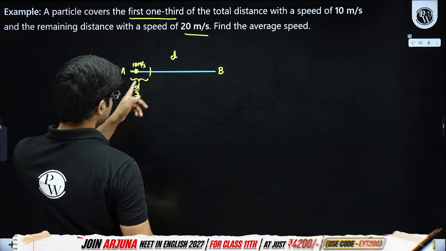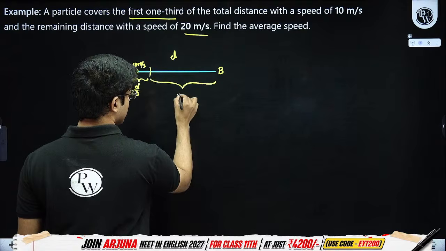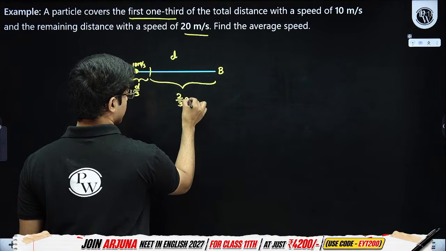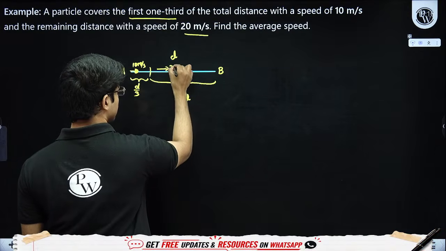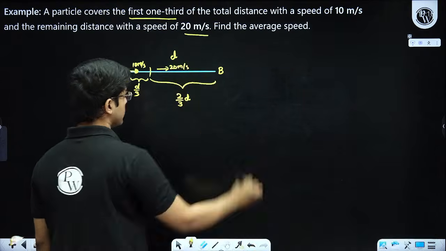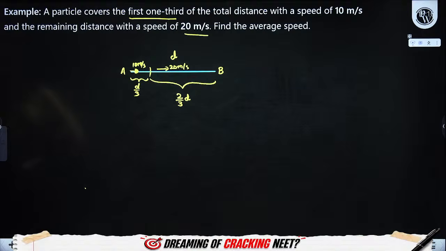And in the remaining 2 by 3 D distance, the speed is 20 meters per second. So we have to find the average speed. Okay, try to get the answer.